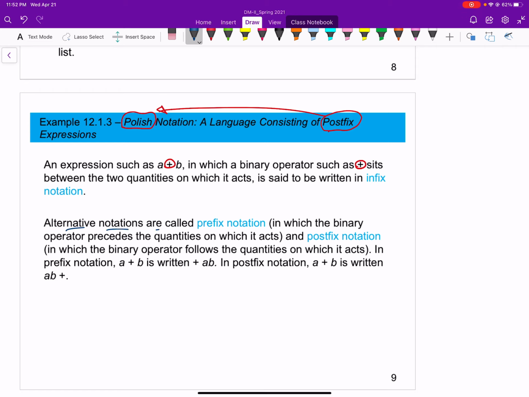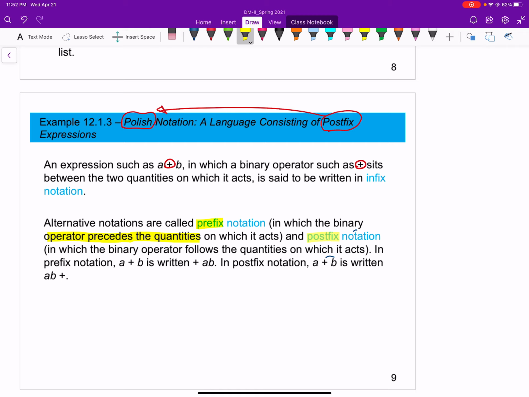Alternative notations are called prefix notation and postfix notation. Prefix notation is one in which the binary operator precedes the quantities on which it acts, and postfix notation is one in which the binary operator follows the quantities on which it acts. When it is prefix notation, the operator precedes the quantities.